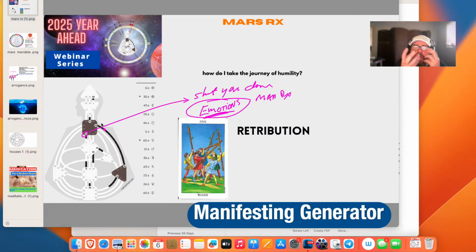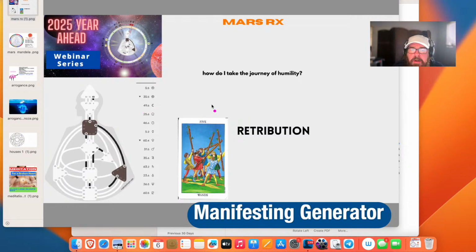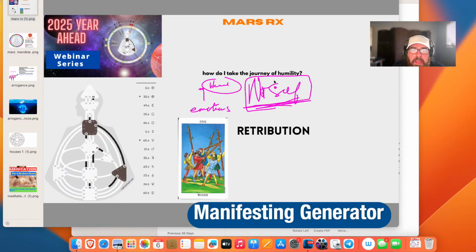But they're saying it in a way that can manipulate you, because it's taking you, manifesting generator, out of your emotions. And then you want to go up into your head, right? You want to go up into your head. And as soon as you're in your head, where are you? You are not self, right? Like I said at the beginning, not self and the mind and ego are the same. And when you're not self, you are not in your power.